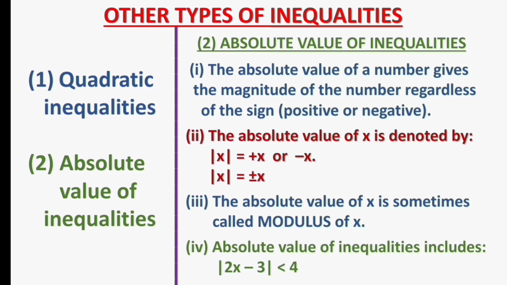Point number 3. The absolute value of x is sometimes called the modulus of x. Point number 4. An example of the absolute value of inequalities includes the absolute value or the modulus of 2x minus 3 is less than 4. Please take note of this extra information on other types of inequalities in addition to linear inequalities.